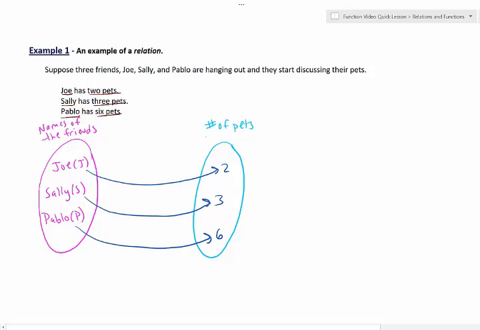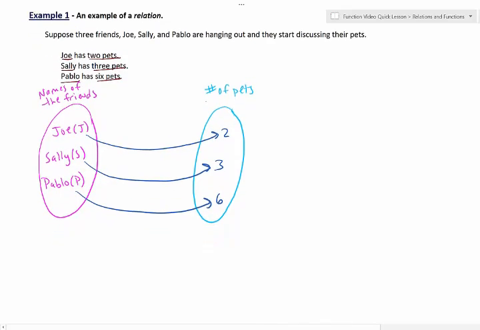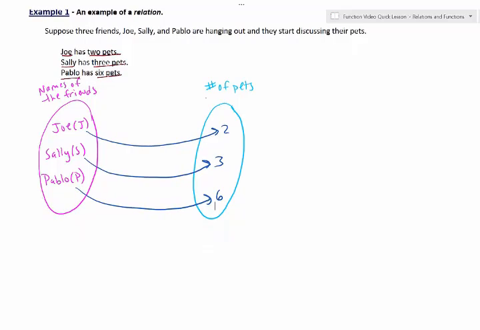Pablo, six pets. And this little silly diagram at least lets us have some visualization of the scenario with these people and the number of pets they have. Now, that's not necessarily a symbolic way of representing it mathematically, but it's a nice visualization.